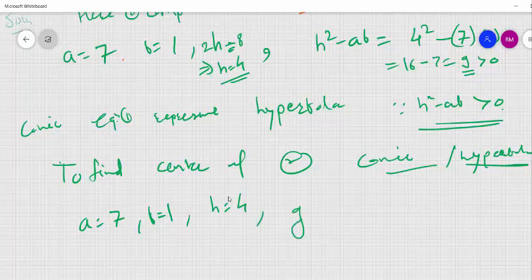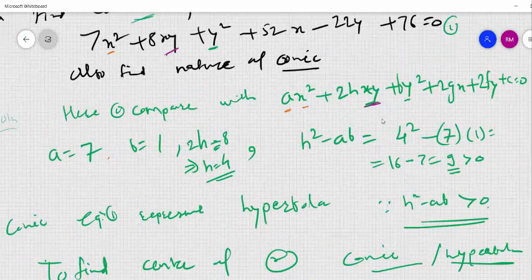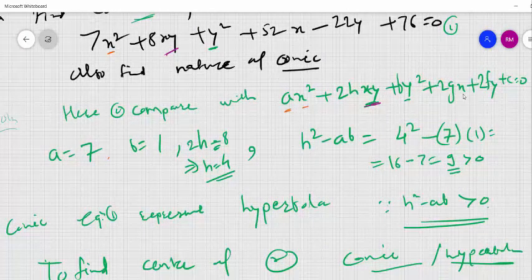Also, what is g? g is minus 26, because observe here, to find g, that is the coefficient of x divided by 2.